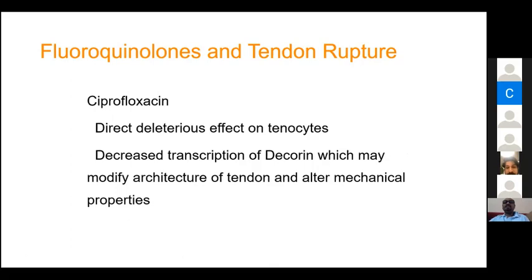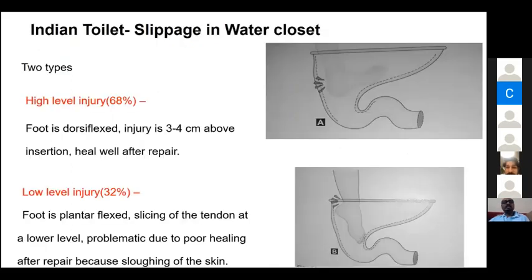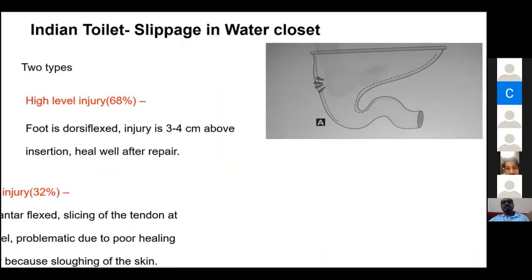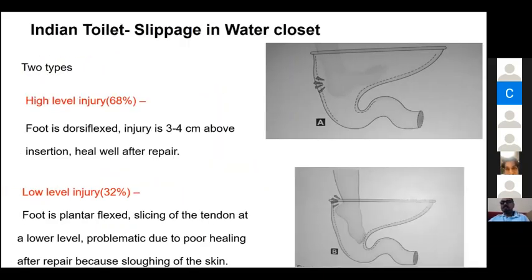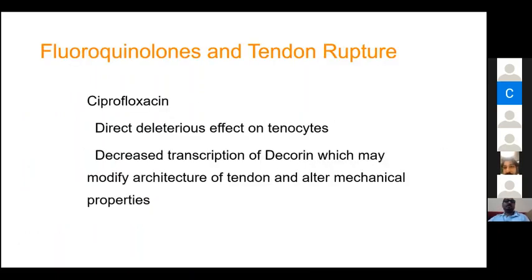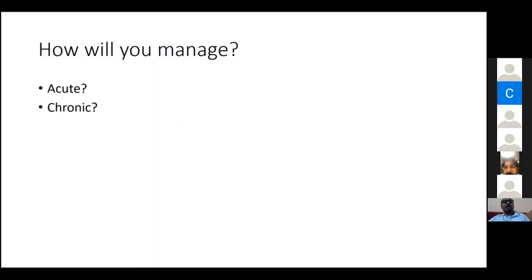They are known to be problematic because of their deleterious effects on the tenocytes, right? So these are the causes: the sports injuries, fall from height, the toilet injuries, and drugs like ciprofloxacin or the fluoroquinolones. How will you manage?